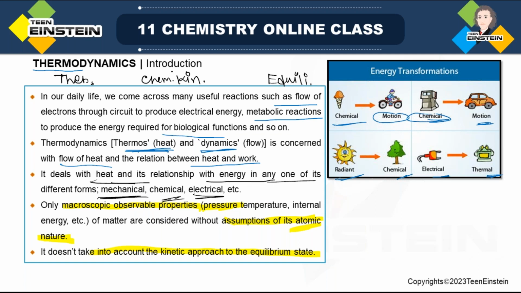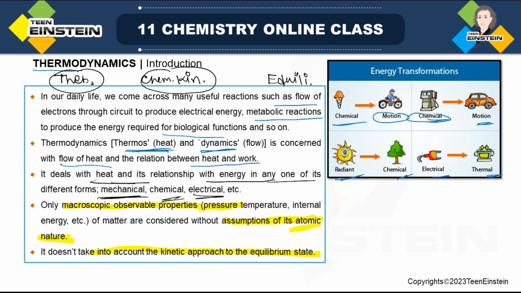Chemical kinetics is the chapter where you will learn how fast any system, not just reaction in the broader sense, but any system, is a better term to use, will reach the equilibrium state. Suppose there is an initial state and a final state. How fast? It is all about speed when you are talking about chemical kinetics. And thermodynamics is basically about whether this conversion is possible or not.